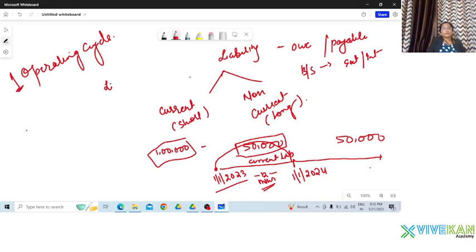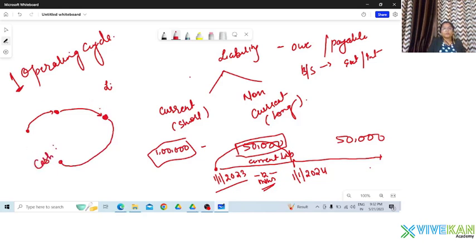What do you mean by operating cycle? Suppose you have purchased goods, then you make a product out of that, then you do the marketing and sell it, then the debtor will pay you, and now you have realized the cash.